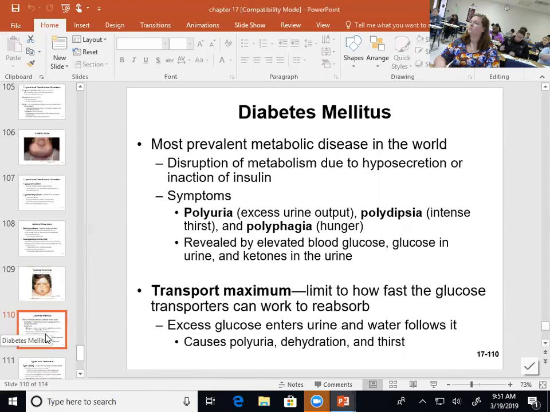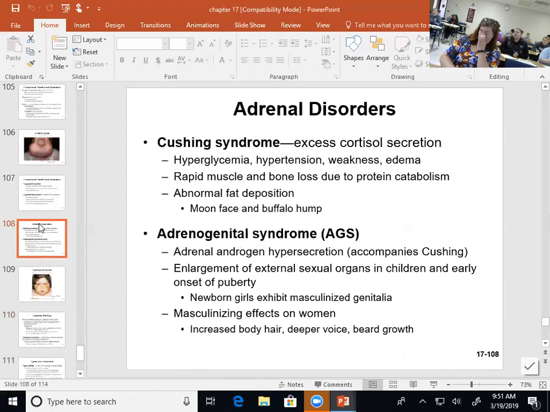Okay, and then we also said that AGS, which is adrenogenital syndrome in little baby girls, is going to cause masculinized genitalia, didn't we? That's going to be a significant thing.